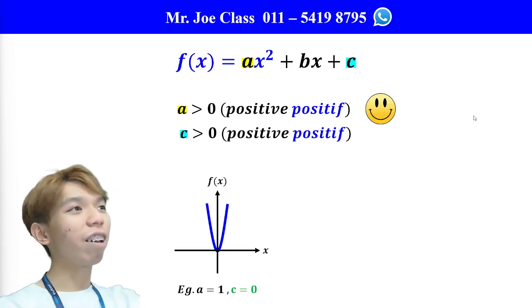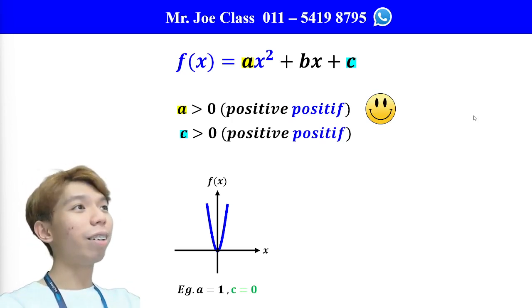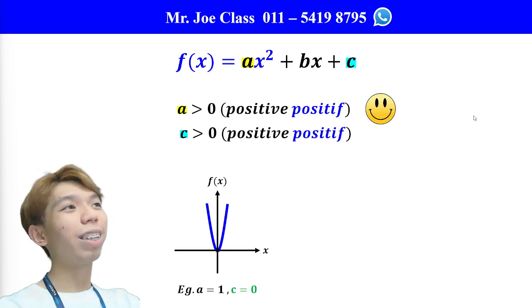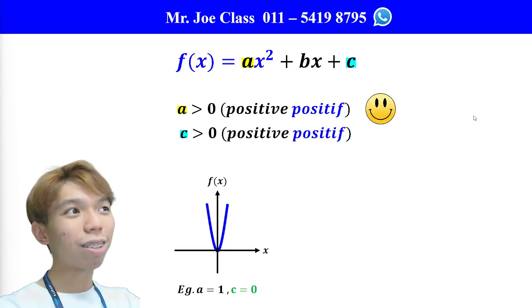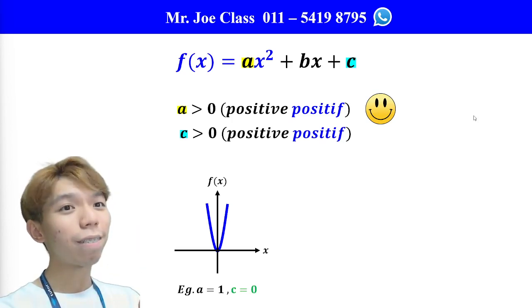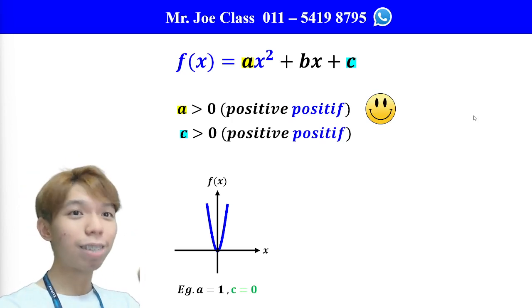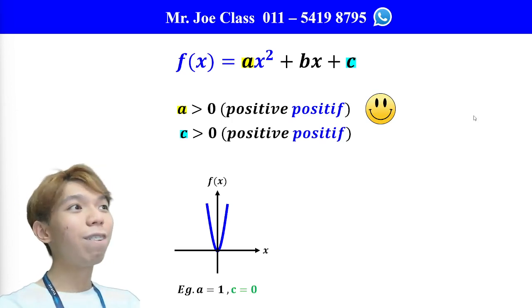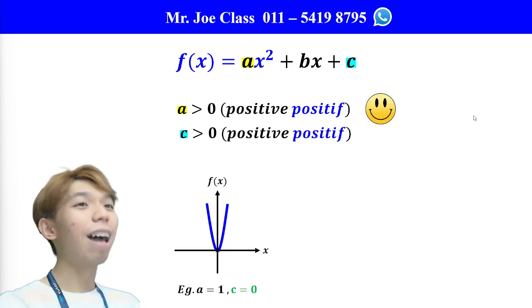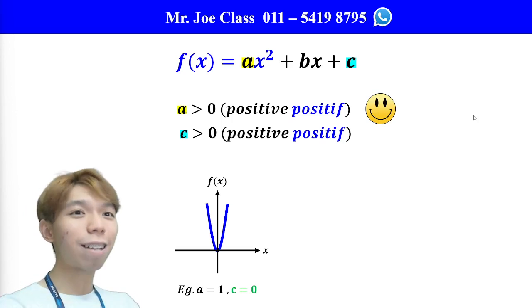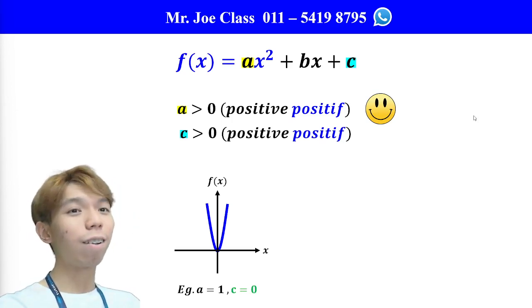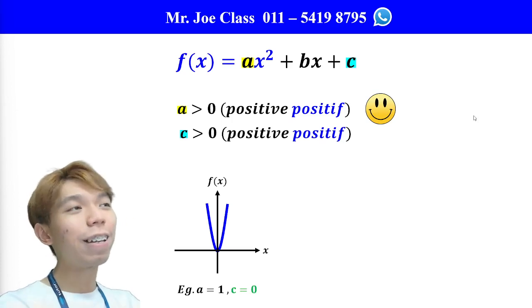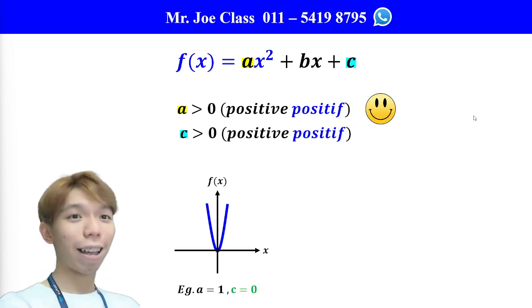For instance, if you're looking at this graph, the blue line intersects with f(x). Where does it intersect? At the point 0. So C will be 0. So the meaning of C is the y coordinate of the graph that intersects on the y-axis.